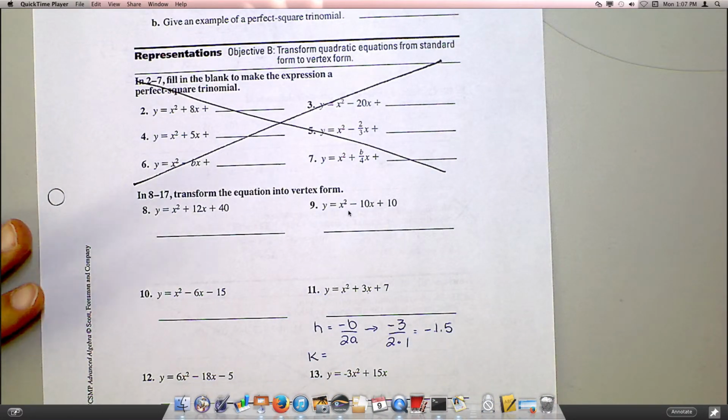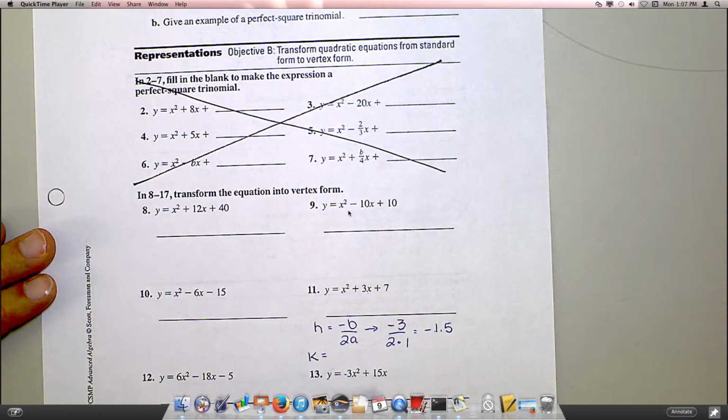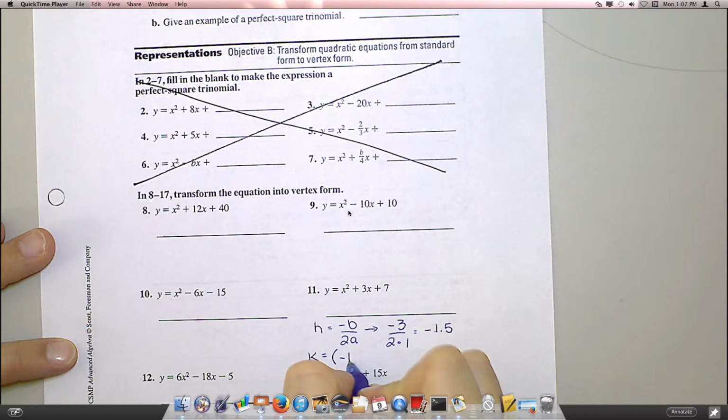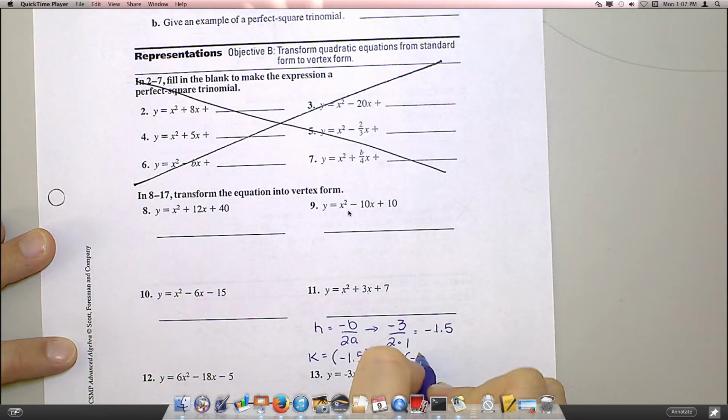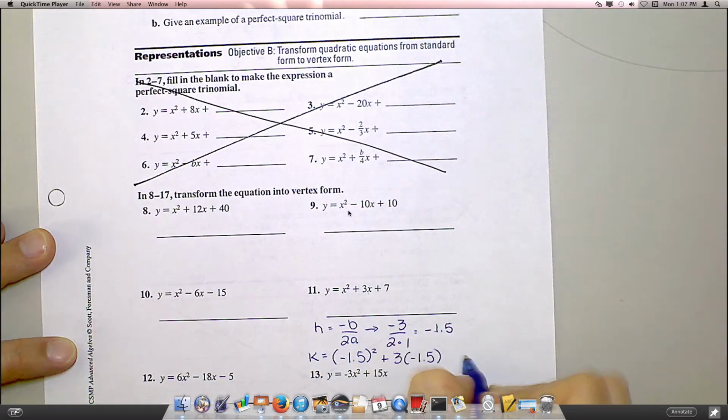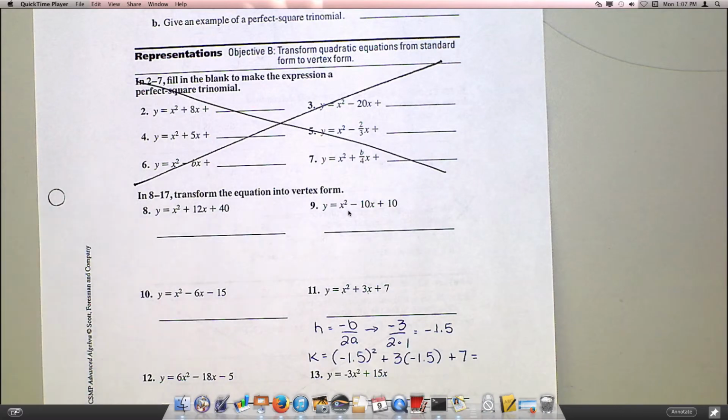And of course, I'm going to remember parentheses. Negative 1.5 squared plus 3 times negative 1.5 plus 7. And I'm going to need your math on that. 4.75. What is it, 4.75?